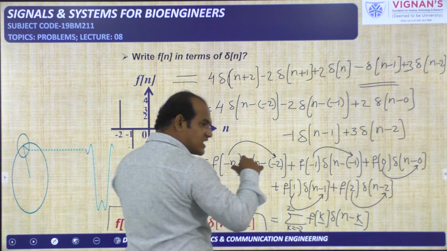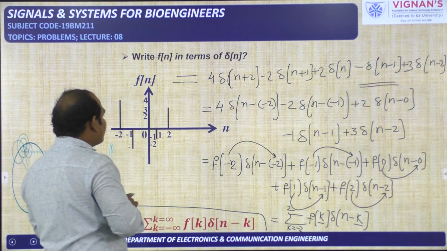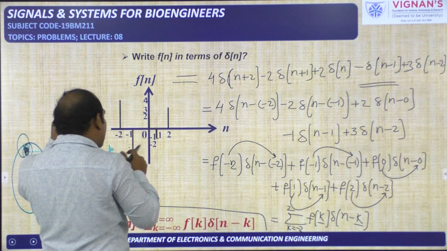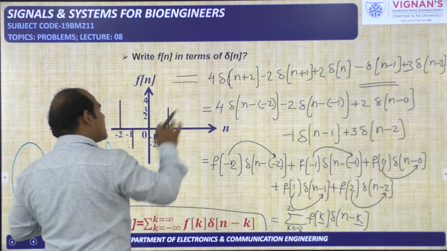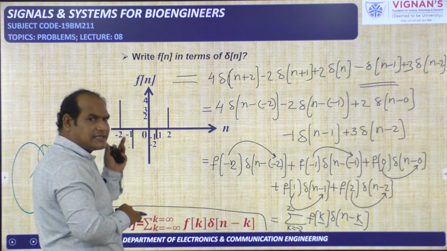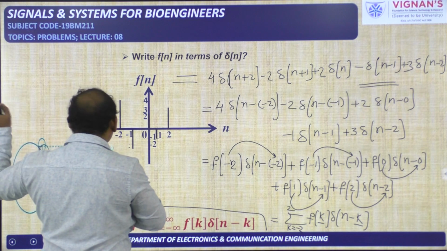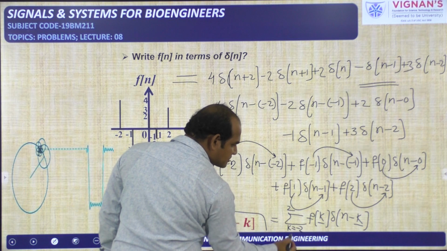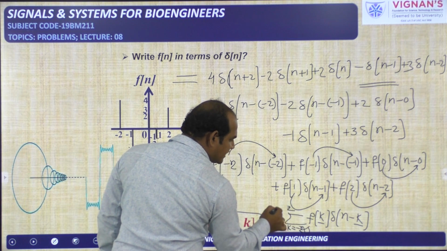In generalization, this particular signal is available from minus 2 to 2. But another signal may be available only on the negative side, only on the positive side, or from negative to positive, or at a very large negative value, or at a large positive value. So for the generalization purpose, we can take here minus infinity to plus infinity.